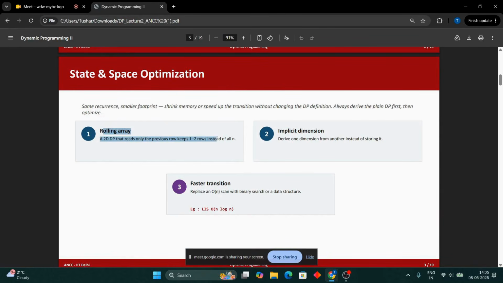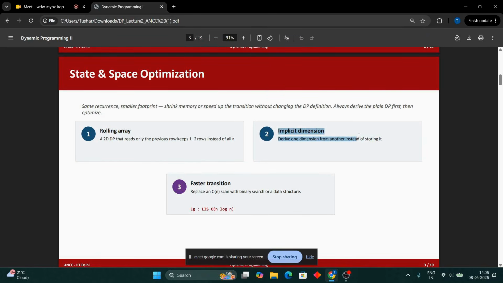This idea we also saw in the last lecture, about the rolling variables. If our state depends only on a finite number of previous states, instead of maintaining the answer across all the states till now, we can just keep a rolling variable over those states. We will also see the idea of implicit dimension through a problem.